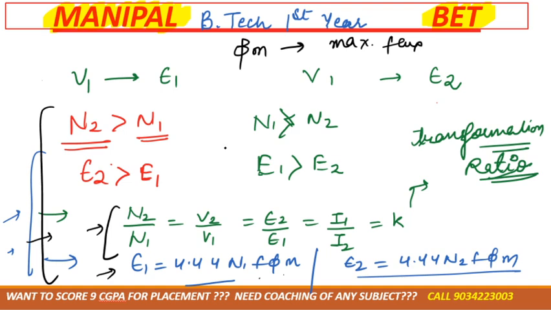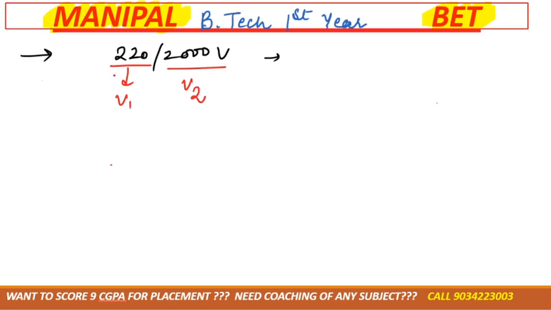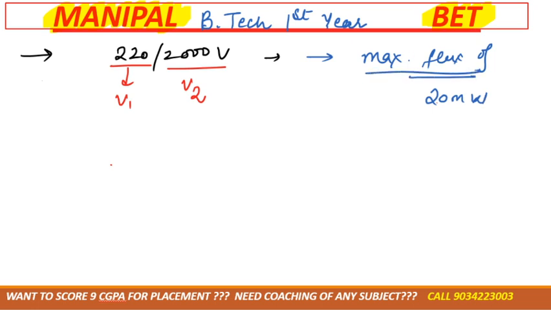Now sometimes they'll give you a transformer rating, like 2 kVA, 2300 by 230, that means this one is HV and this one is LV. Then maybe they'll give a flux of 20 milliweber. Maximum flux means phi m, or maybe flux only. And maybe they ask you to calculate the number of turns N1 and frequency.